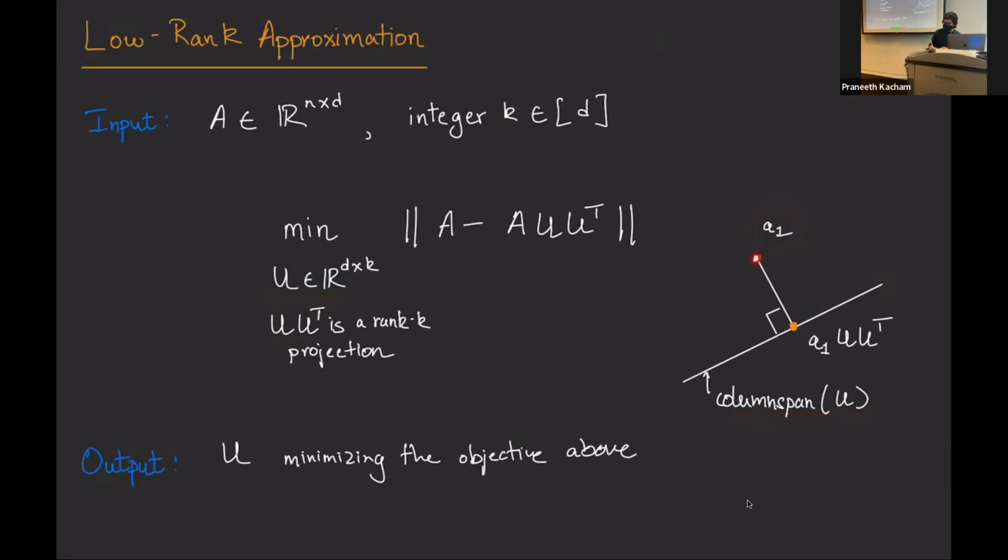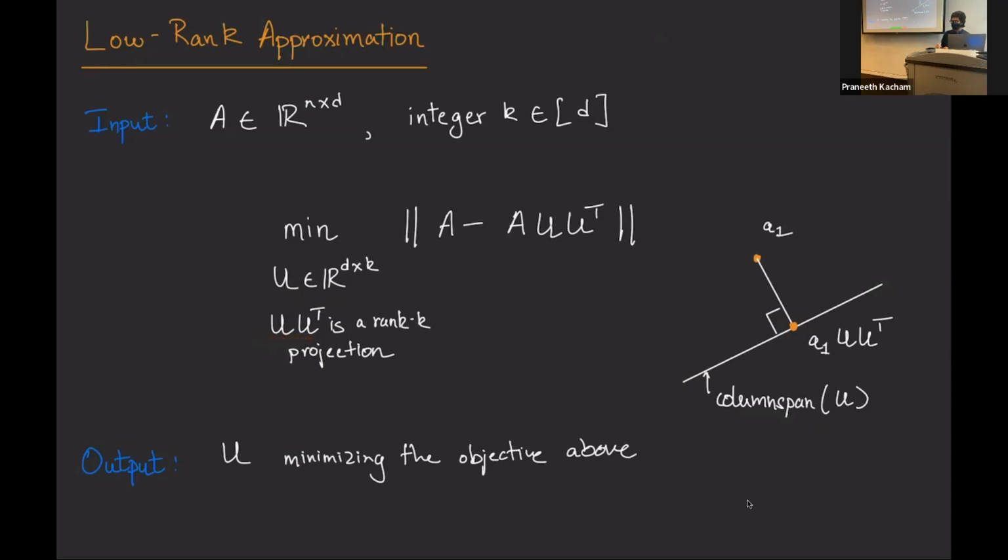A row of A is this two-dimensional vector that's denoted over here. And what this projection matrix does is just find the orthogonal projection of A onto the span of the columns of U. And we want to minimize over all such projection matrices.